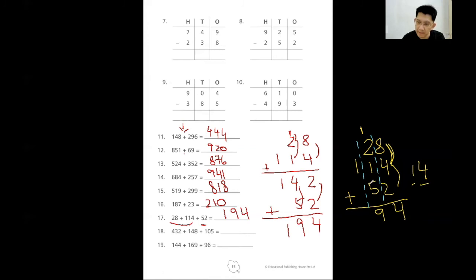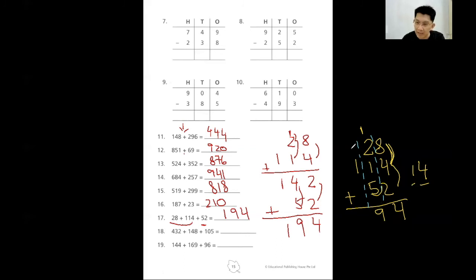Okay, you know what I mean? That's why we write down 9 at the bottom here.